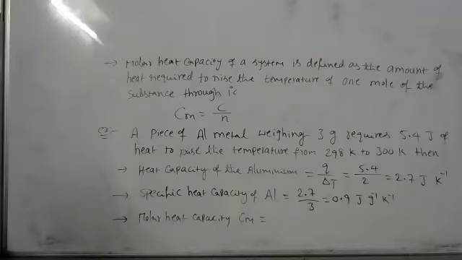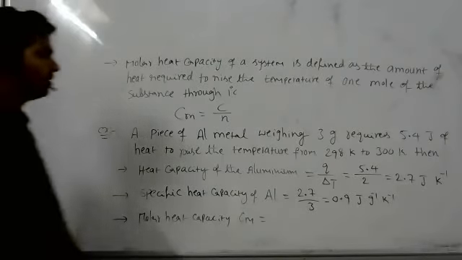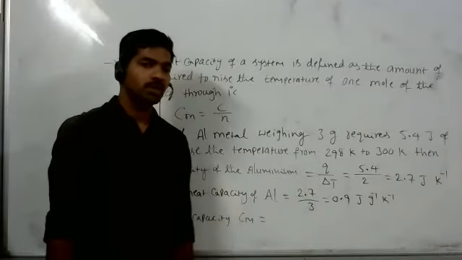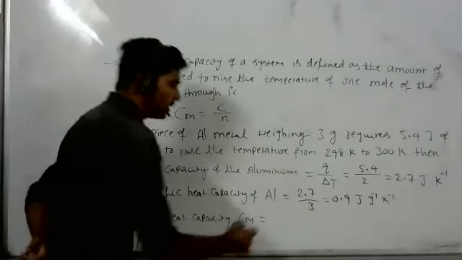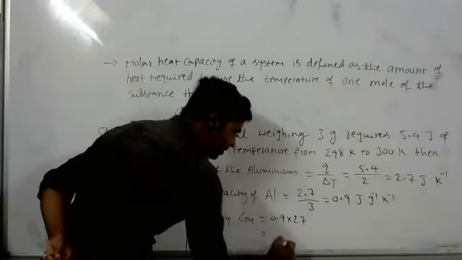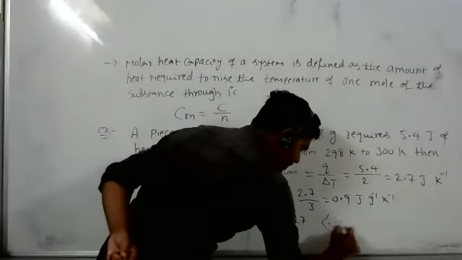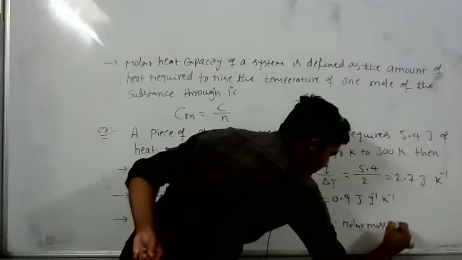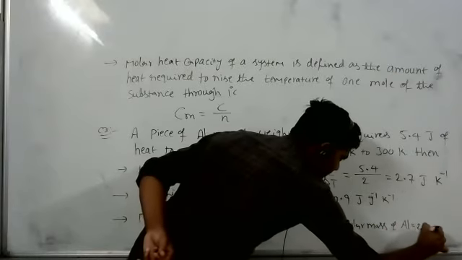For 1 gram it is 0.9 joule gram inverse Kelvin inverse, so for 27 grams, if you multiply with 27, we get the answer. The molar mass of aluminum is 27 grams.